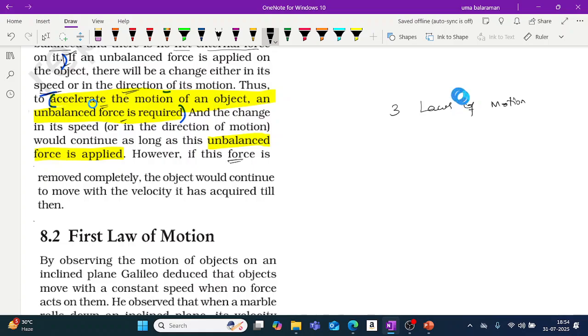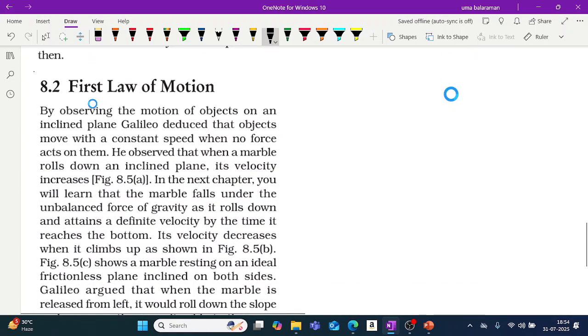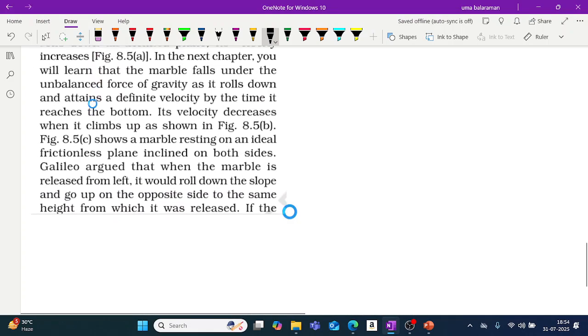Newton's laws of motion. Last lesson we studied three equations of motion. Now we are studying three laws of motion. This is also called the law of inertia.